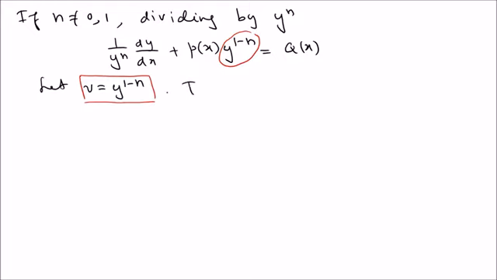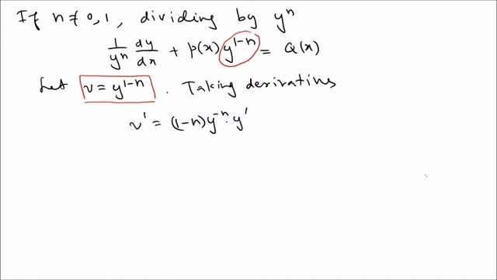Taking derivatives, we can write this one as v prime. We can use a chain rule here. It is (1-n) y, you subtract one more, so y^(-n) y prime by the chain rule.